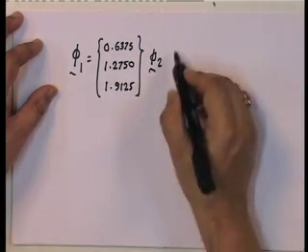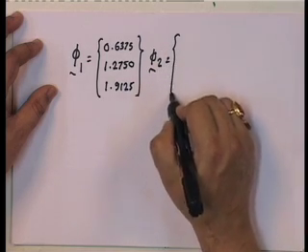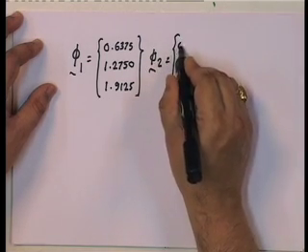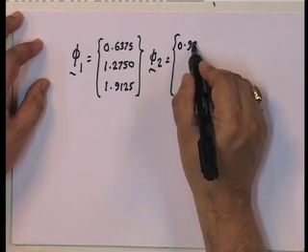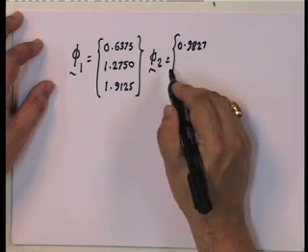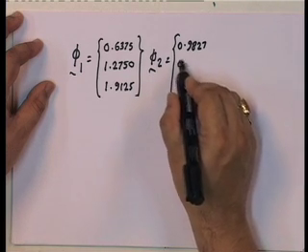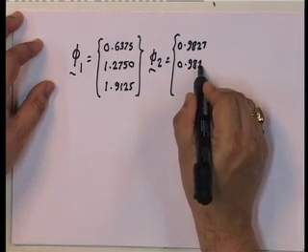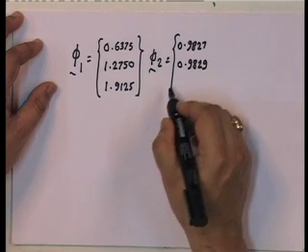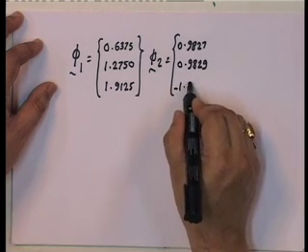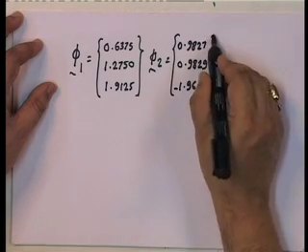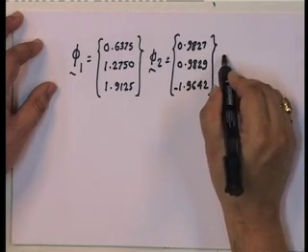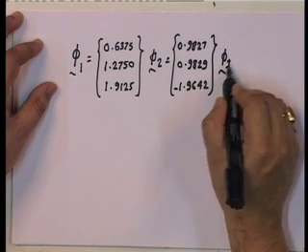This is the first vector. The second vector is 0.9827, 0.9829 and minus 1.9642, and finally, the third vector.